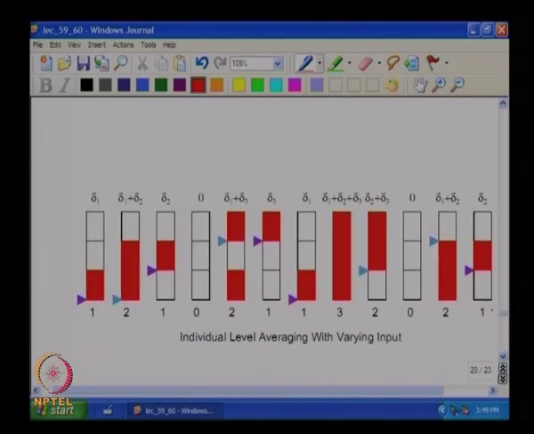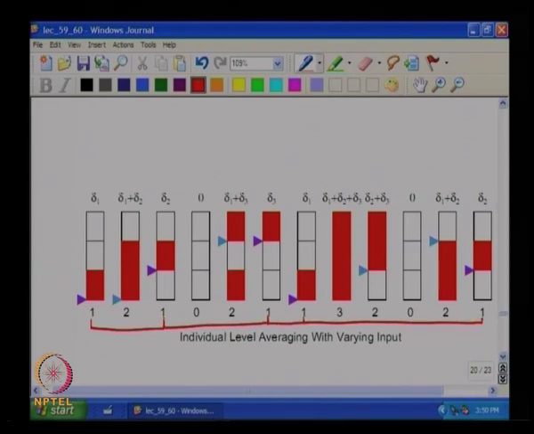So, when the input is varying, what is done is the following. I hope you are able to see two colors for the pointers. Please now just focus your attention on the ones in the input.